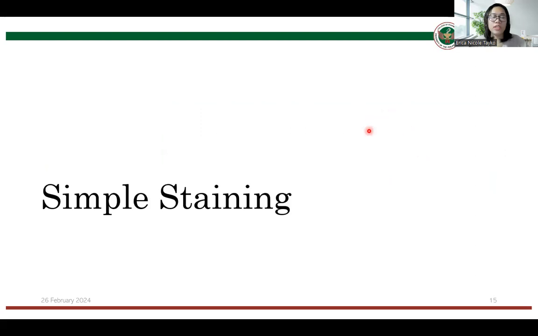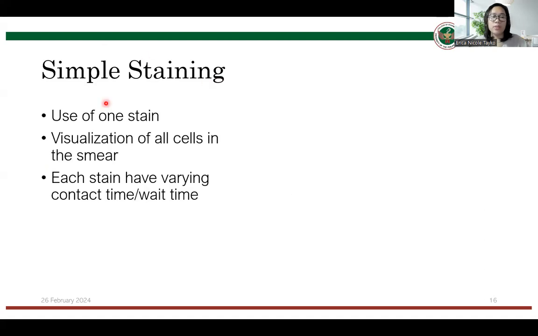Okay, so now let's discuss the staining techniques themselves. We already went through this, so we'll just look at the parts that we were not able to discuss anymore. When we say simple staining, you use only one stain. The main purpose of it is to visualize the cells in the smear.